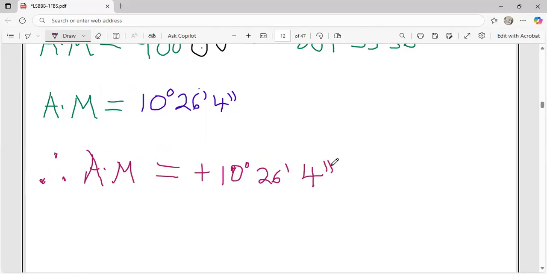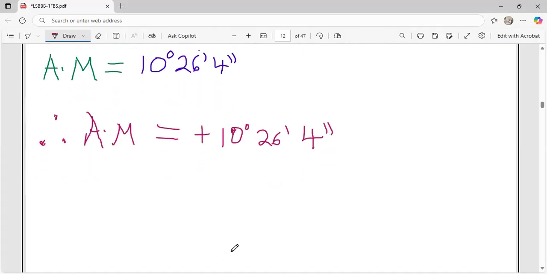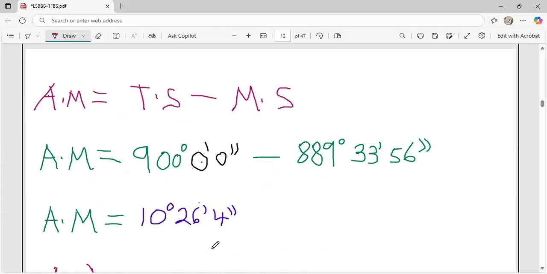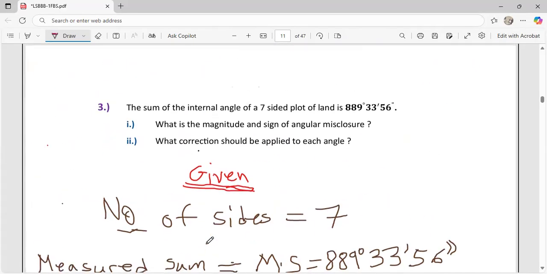Since the measured angle is less than the expected, we need to add to correct. So we have to calculate the second aspect of the equation.